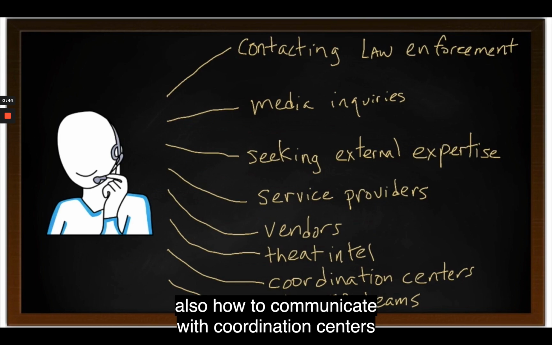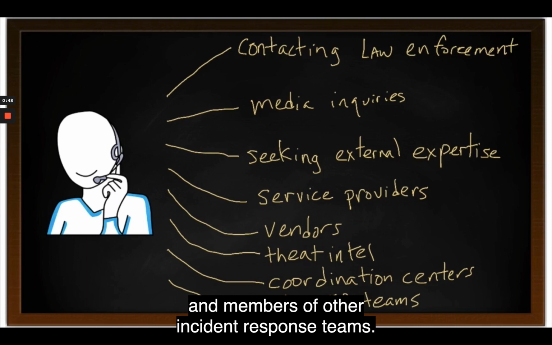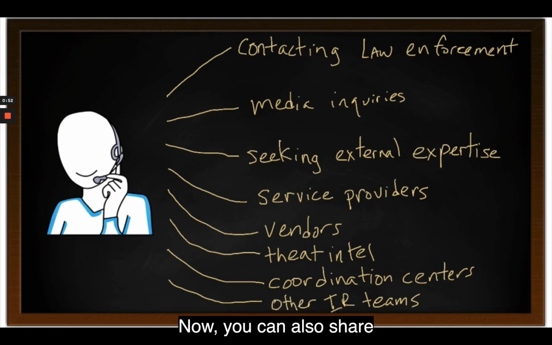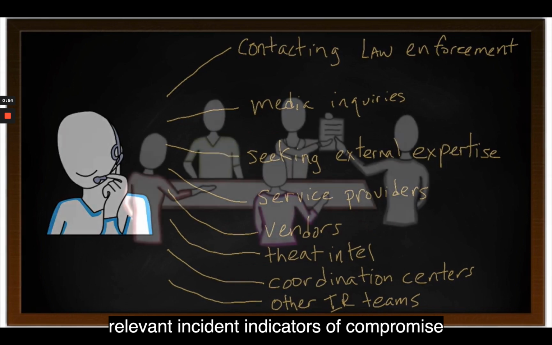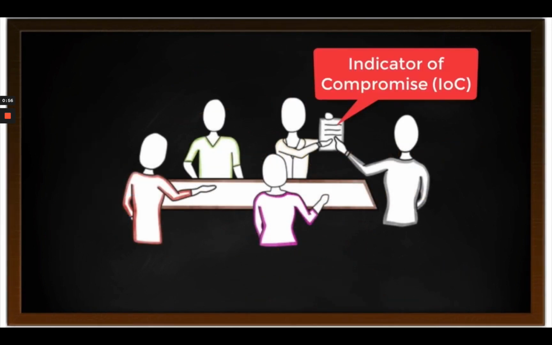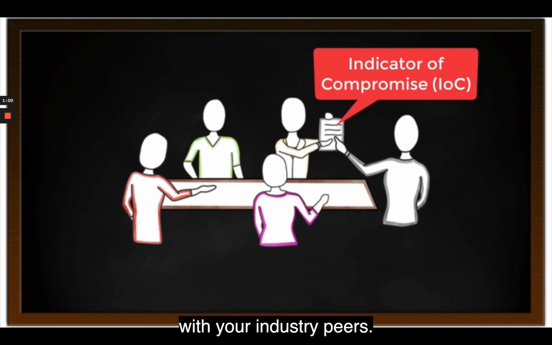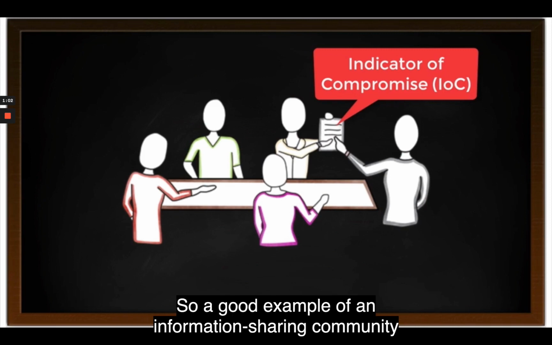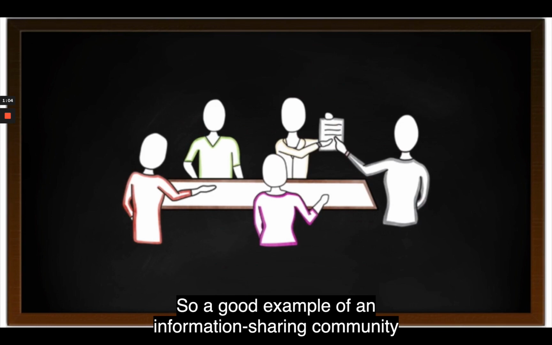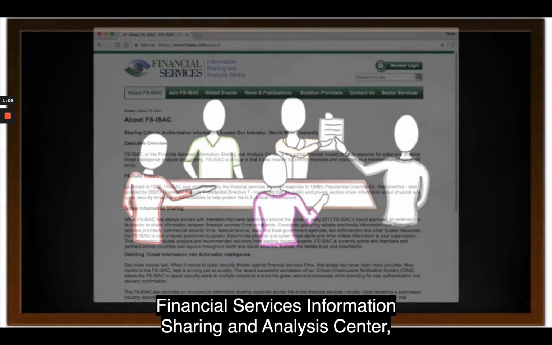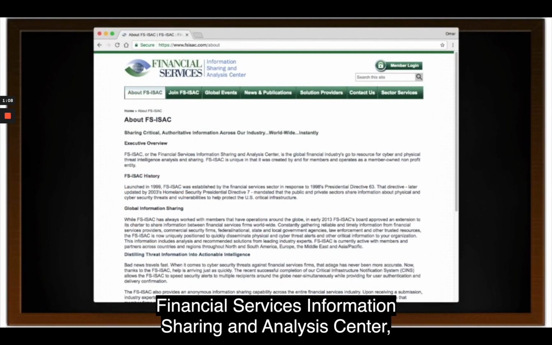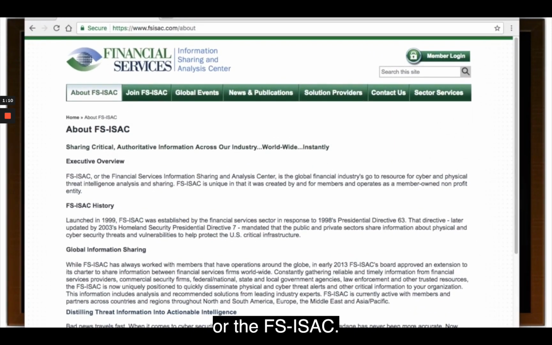Also, how to communicate with coordination centers and members of other incident response teams, right? Now, you can also share relevant incident indicators of compromise and other information or other observables with your industry peers, right? So a good example of an information sharing community is the Financial Services Information Sharing and Analysis Center, or the FS-ISAC, right?